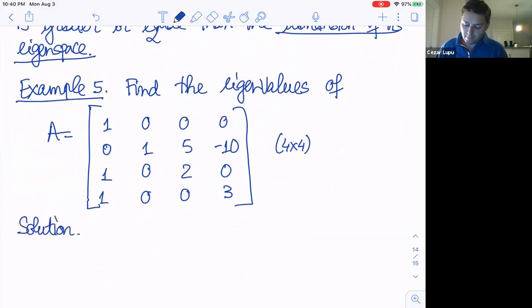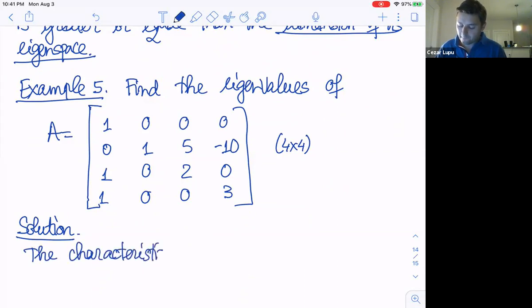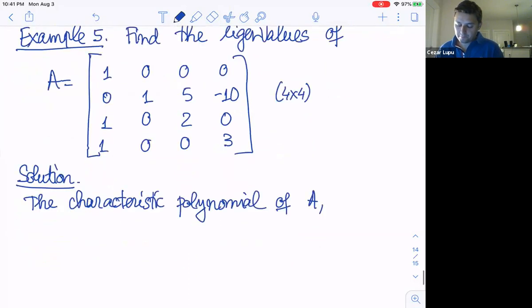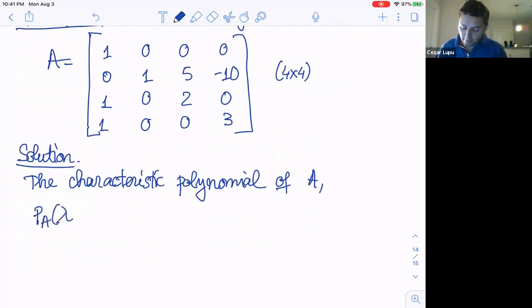Again, we apply the same method, and we write a characteristic polynomial. The characteristic polynomial of A is given by P_A of lambda is the determinant of lambda times identity minus A. Okay, now let's write it.